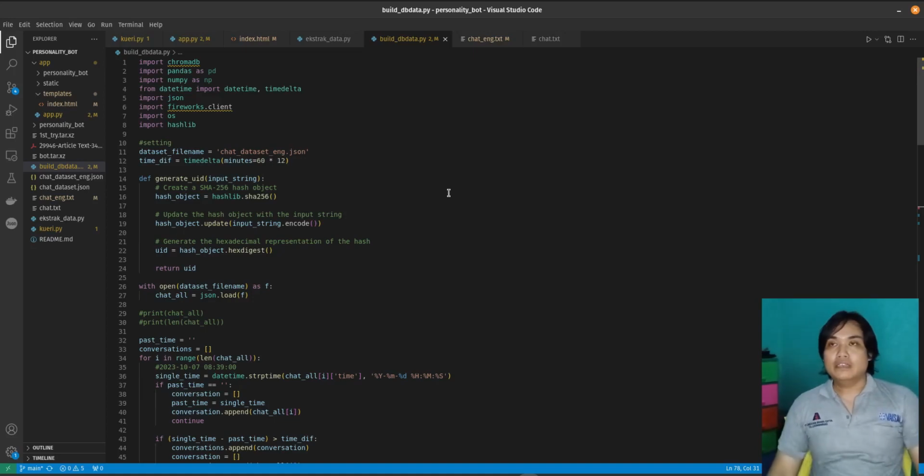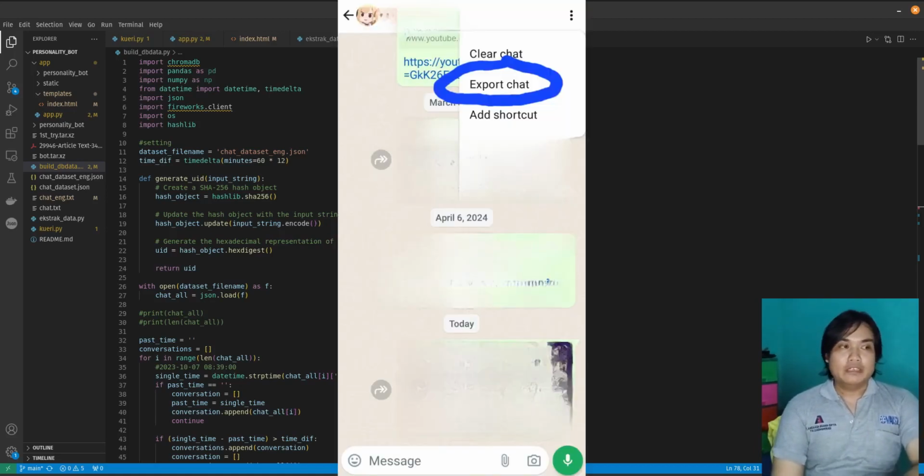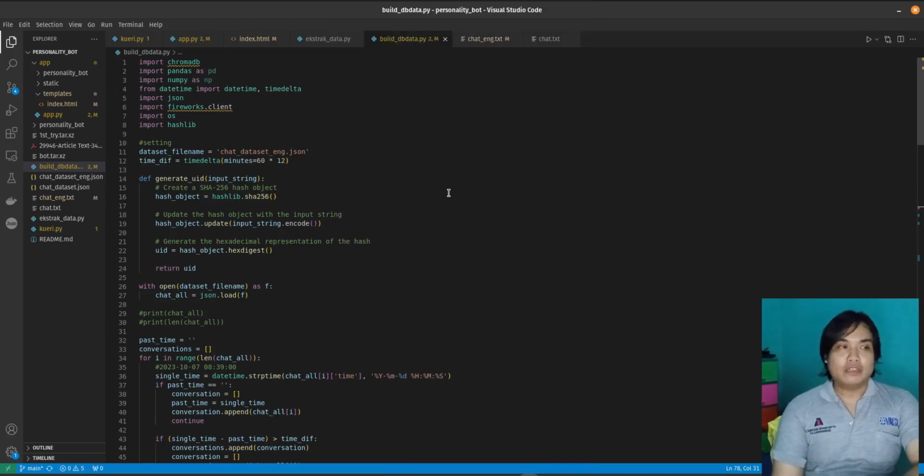The dataset that I'm using is from my conversation between me and my friend. In WhatsApp there is an export chat feature, so I just exported the chat. Because I want to censor the names of me and my friend, I changed the names in the dialogue of the chat history.